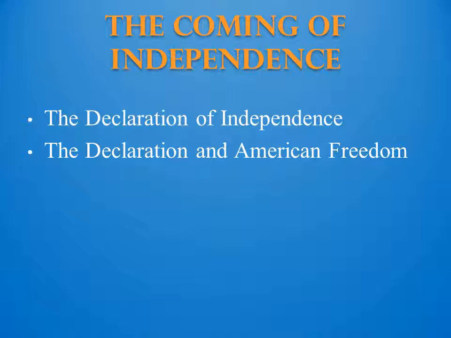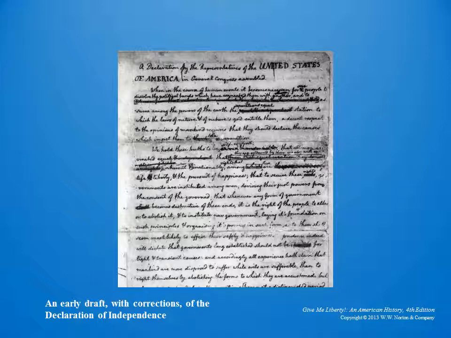He made individual self-fulfillment, unimpeded by government, the central element of American freedom. He's removing tradition as an obstacle to America's desire to shape society as they saw fit. You see here an early draft of the Declaration of Independence, with lots of corrections by Thomas Jefferson.